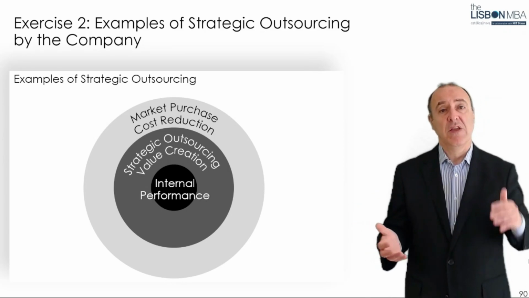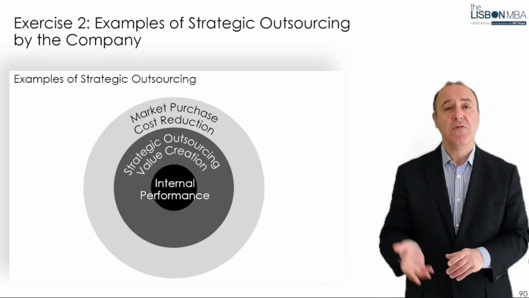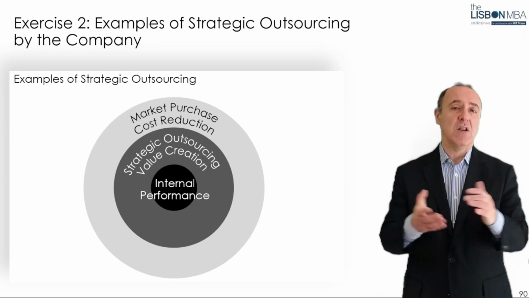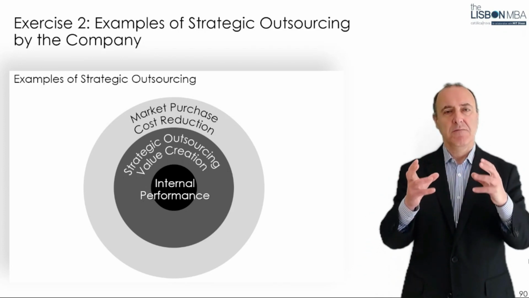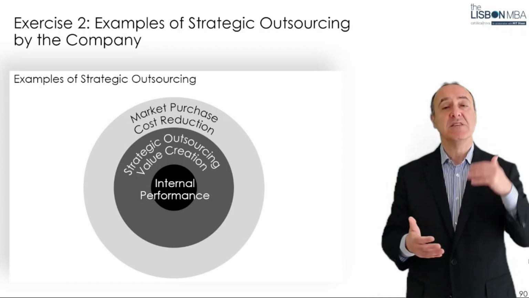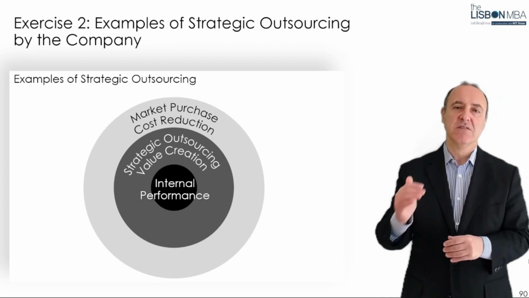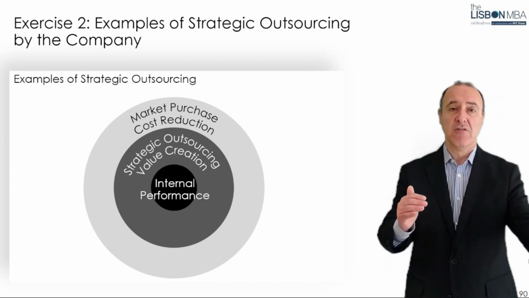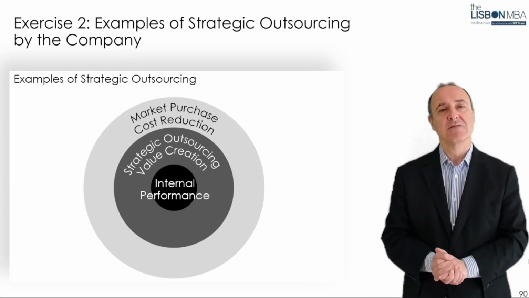And in other areas, what should they just look for in the market to lower their costs? So it is as if you are thinking how to help the company improve its competitiveness by having a layer of long-term partners, strategic outsourcers, and another layer of just suppliers of low-cost products.